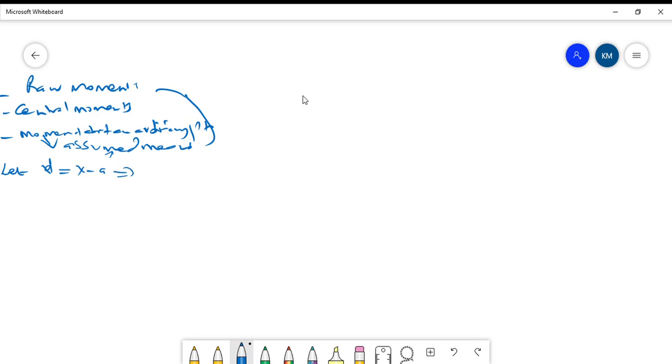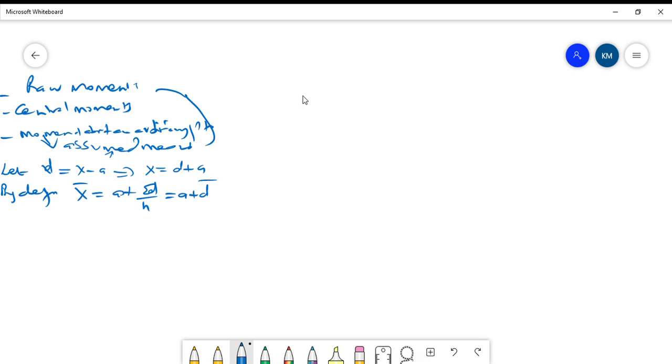Then this implies that x will be equal to d plus a, and we know that by definition the arithmetic mean using the assumed mean method is equal to a plus summation d over n, which can be written as a plus d bar.